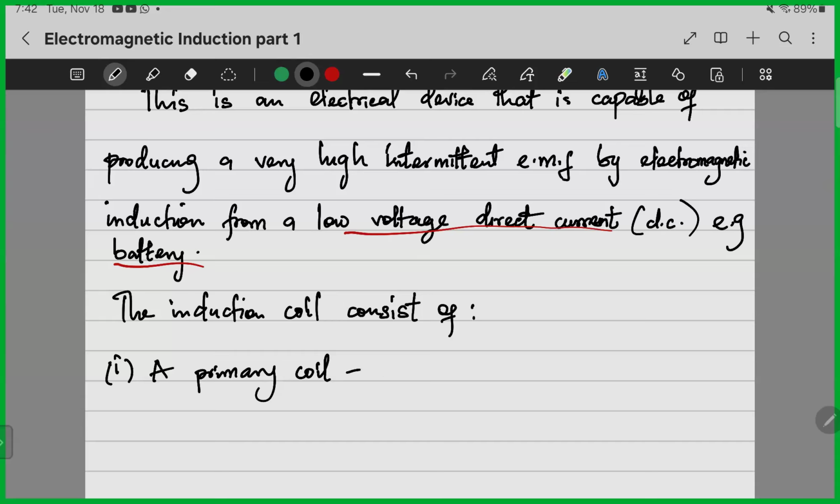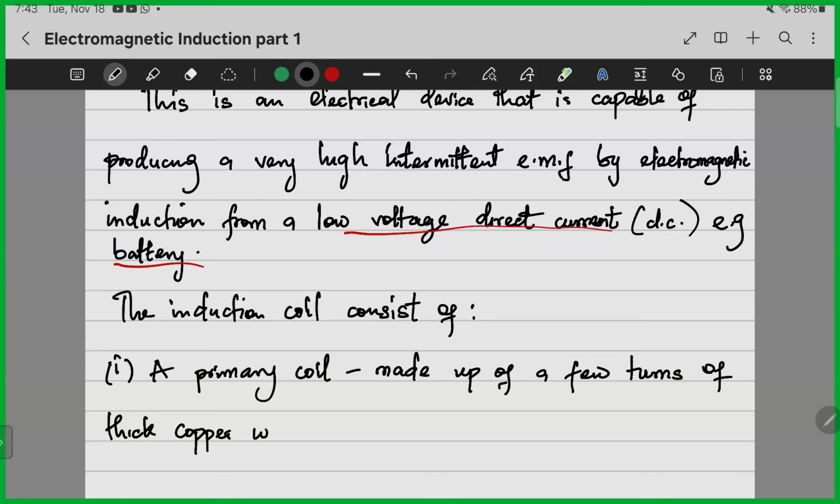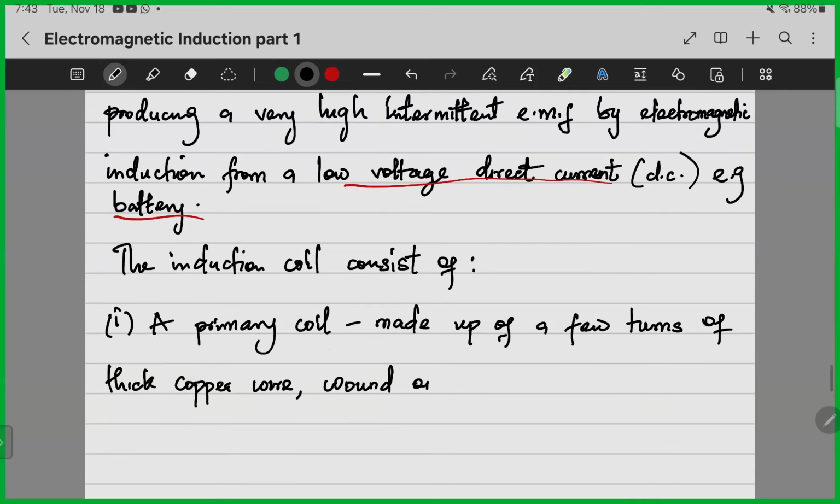The primary coil is made up of a few turns of thick copper wire wound on a laminated soft iron core.